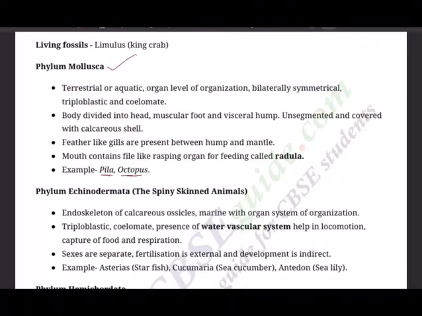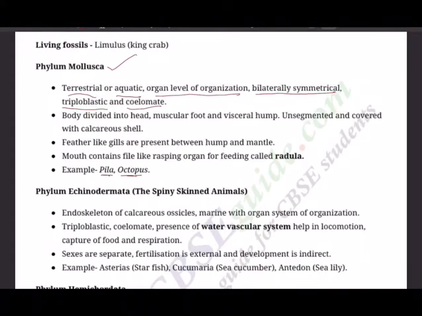So going ahead, phylum Mollusca: terrestrial, on land, aquatic, underwater, organ level of organization, bilaterally symmetrical, triploblastic and coelomate. All these are technical words. Bilaterally symmetrical is about symmetry.